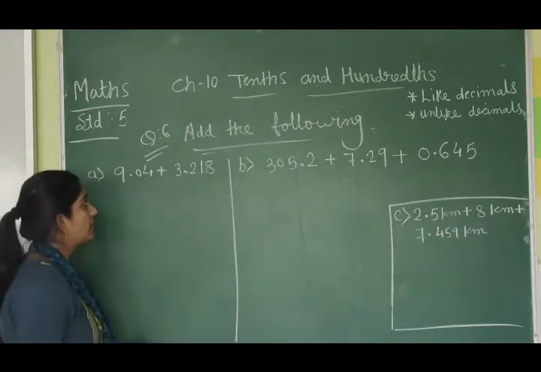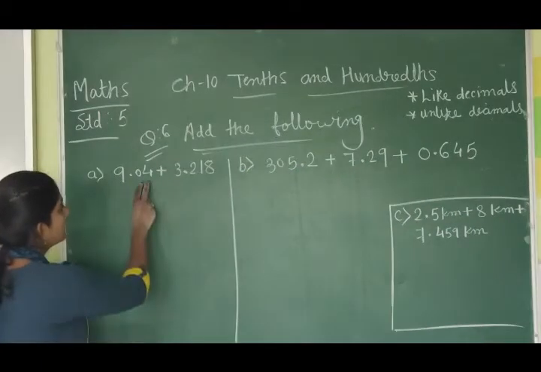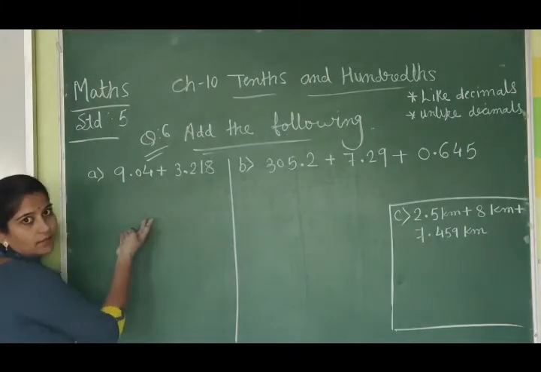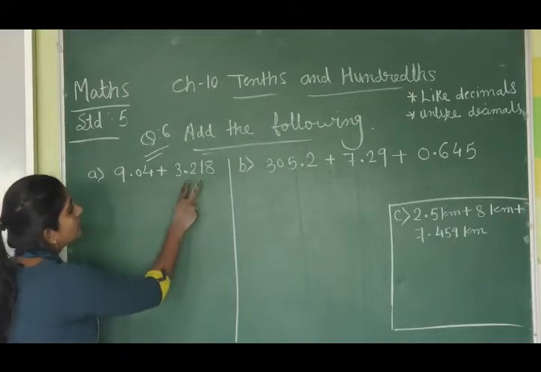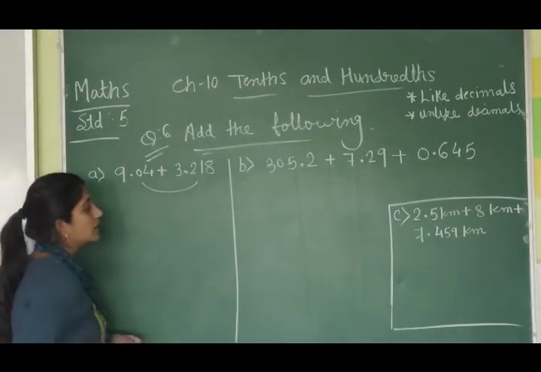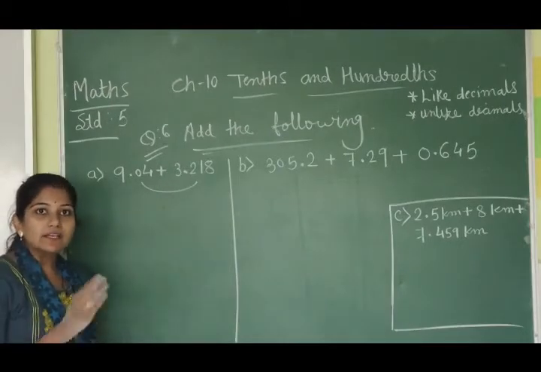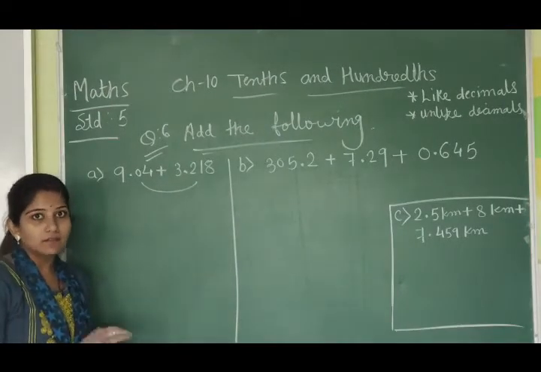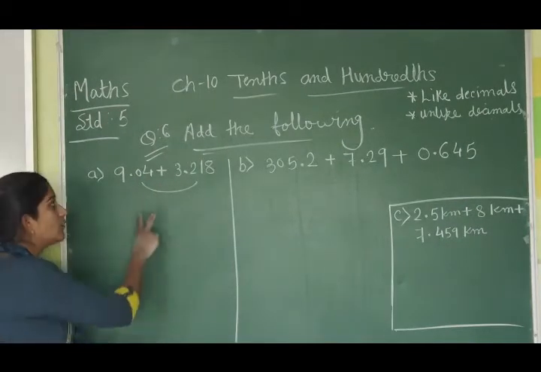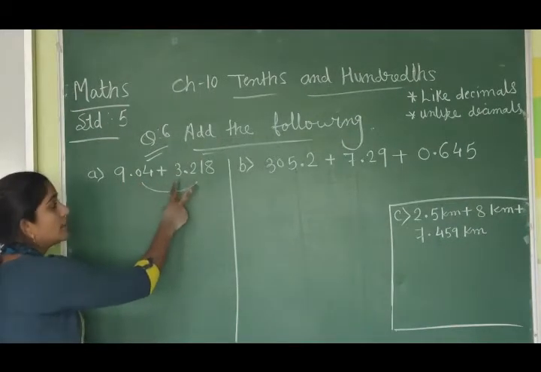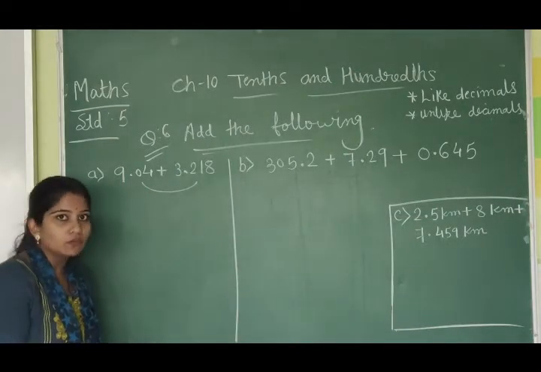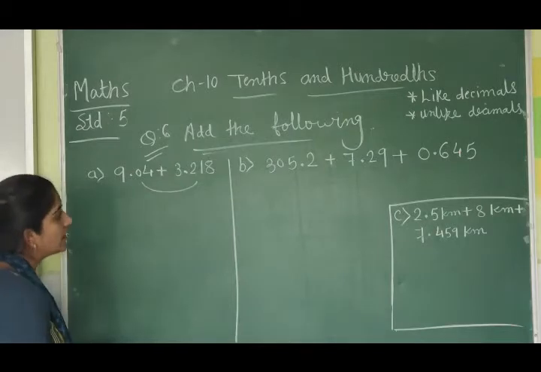For example, here you can see this has 2 digits after the decimal, and here after the decimal there are 3 digits. So this is called unlike decimals. If there are equal numbers of digits after the decimal point, that is like decimals. If there is a difference in the count of digits after the decimal point, that is unlike decimals.